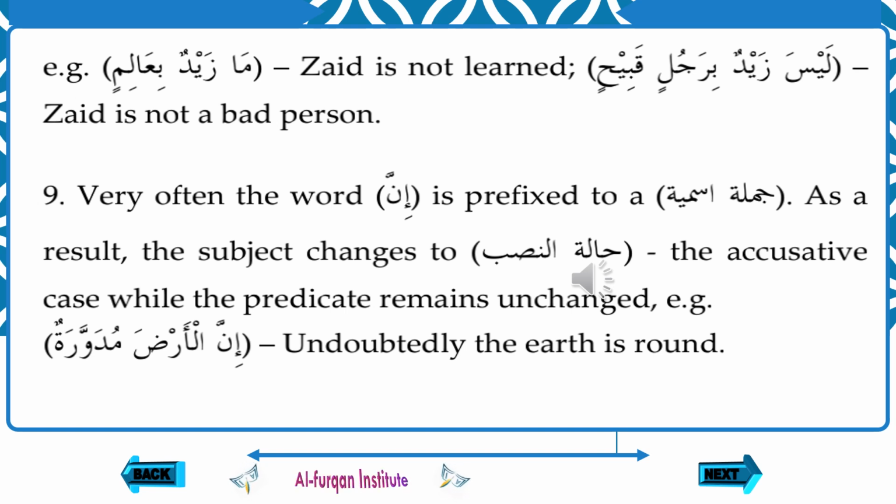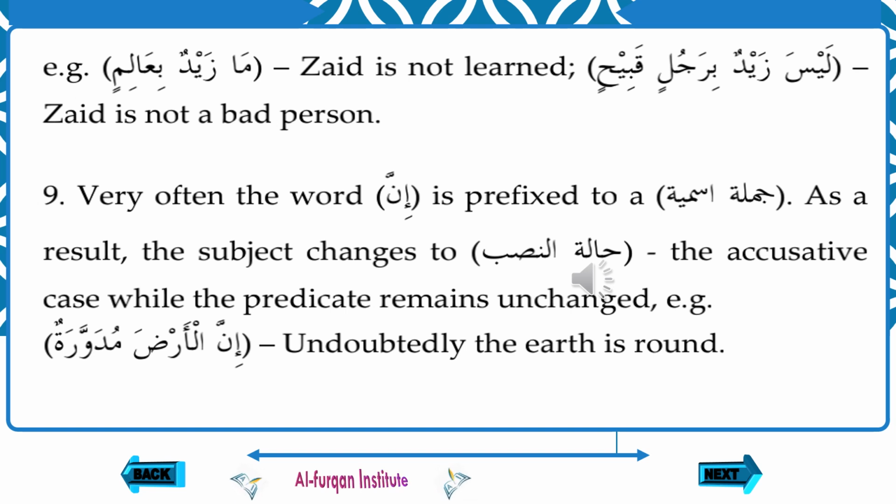So Zaid is not a bad person, or it's not an ugly man. So Zaid is not a wise man. Laysa Zaidun rajulan faqihan, laysa Zaidun bi rajulin qabihin. Zaid is not a bad person.